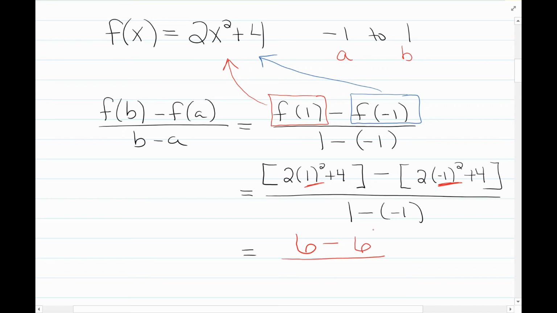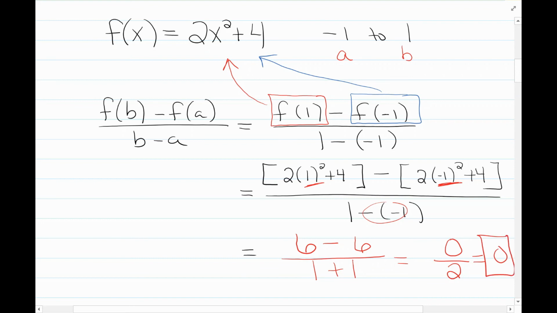Okay. And at the bottom, I have 1 plus 1 because the two negatives come together and make positive. So what I end up getting at the top is 6 minus 6, which is 0, and then 1 plus 1 is 2. And what's 0 divided by 2? 0.